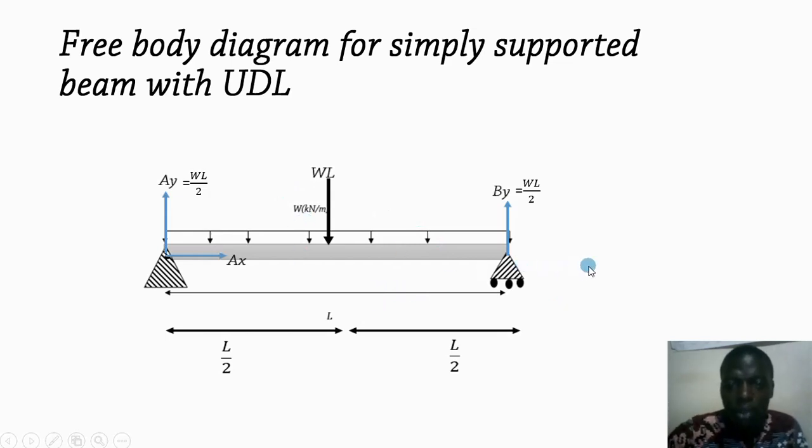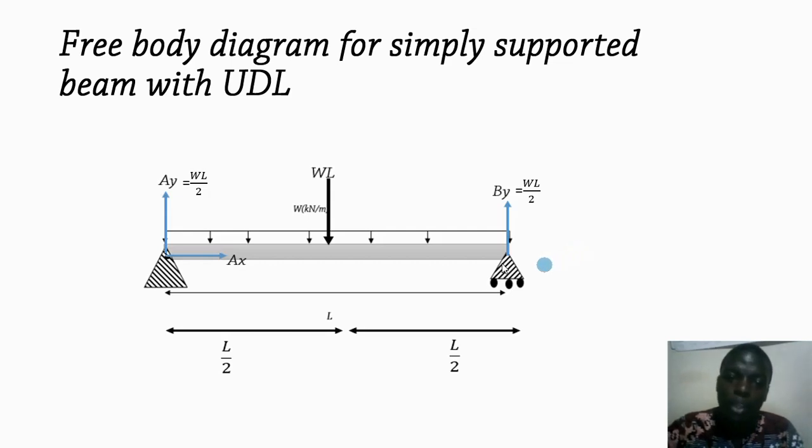Now in this video we are going to look at how to use the information that we calculated, that were the external forces and the internal forces. The internal forces included the bending moment and shear forces.